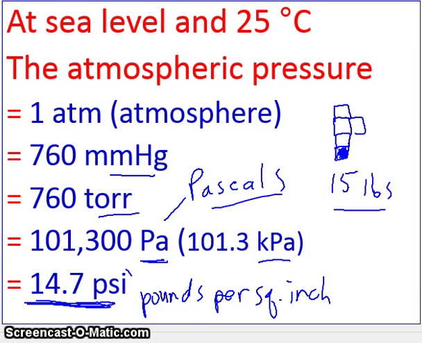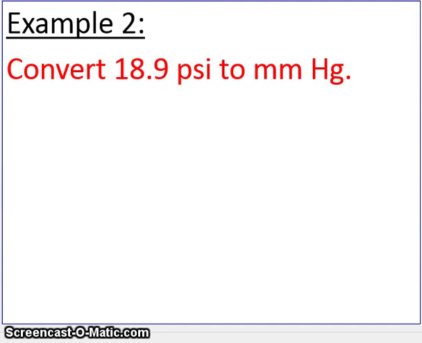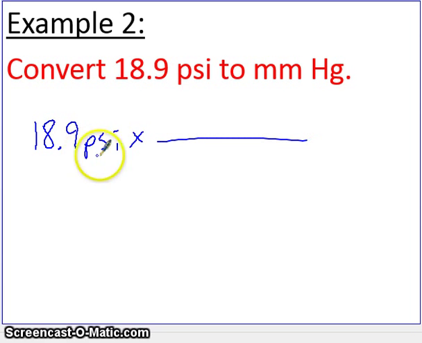So why don't we do a quick example problem, and this example problem will convert for us from PSI to millimeters of mercury. So we'll convert like we've always done. We'll begin with what is given, along with the units. We'll multiply by a conversion factor. In this case, we're converting from PSI up into millimeters of mercury. We'll need to know the conversion factor.